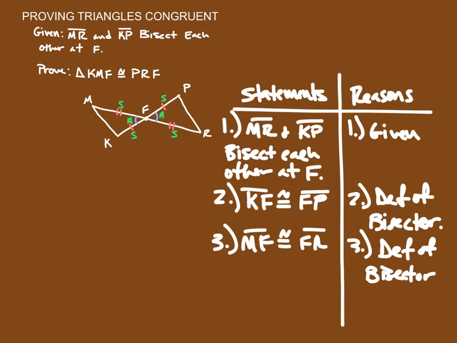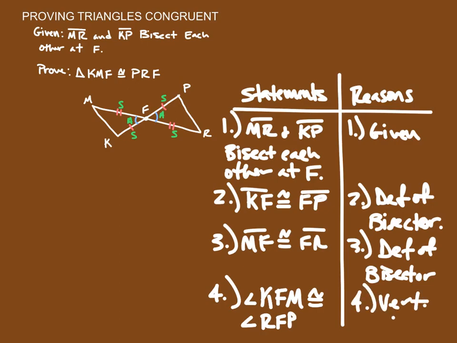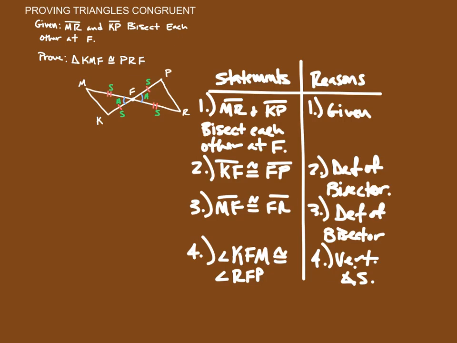The fourth statement I can say is that angle KFM is congruent to angle RFP, and I'm able to say that because those are vertical angles. Now that I've got those statements, that tells me I've got two different sets of segments that are congruent and their included angle.